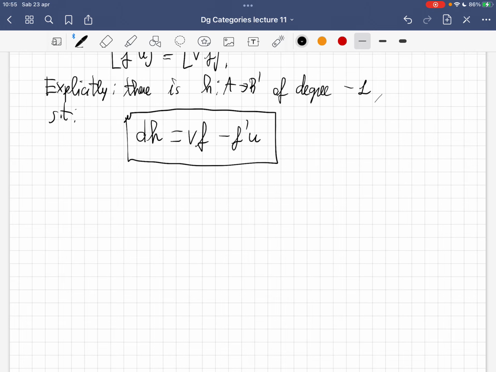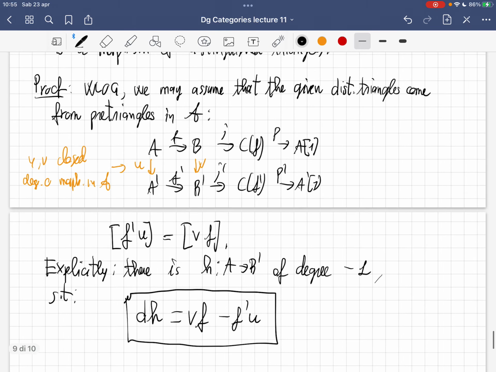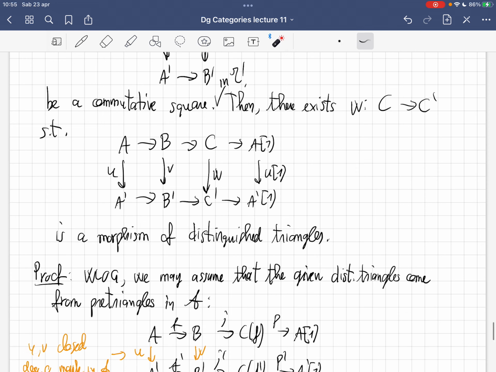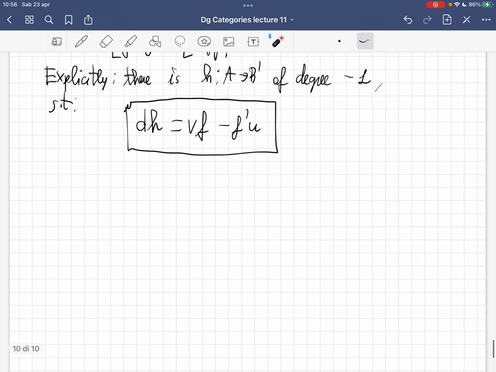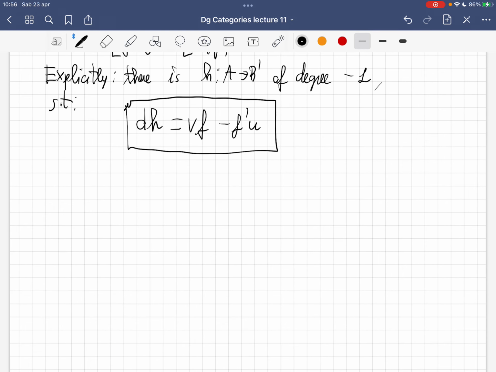Okay, so what is again the strategy? In order to define your W here, you apply the Yoneda embedding, you define it between the cones as DG modules using the representability, and then everything will work out. So how do you do this? You apply the Yoneda embedding everywhere.